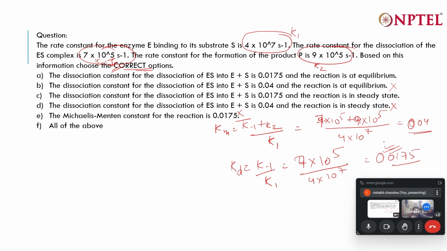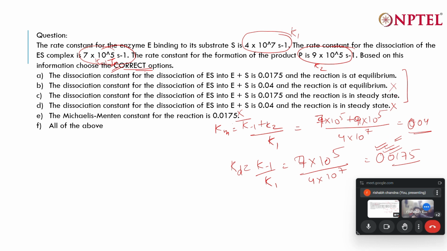Now, if we consider Kd as this much, at that time the reaction is not in steady state basically. Because it is reaching steady state, this would be considered a pre-steady state, not a complete steady state. When the reaction starts, the concept of Kd comes into play. So at that time, it would be a pre-steady state rather than a steady state.